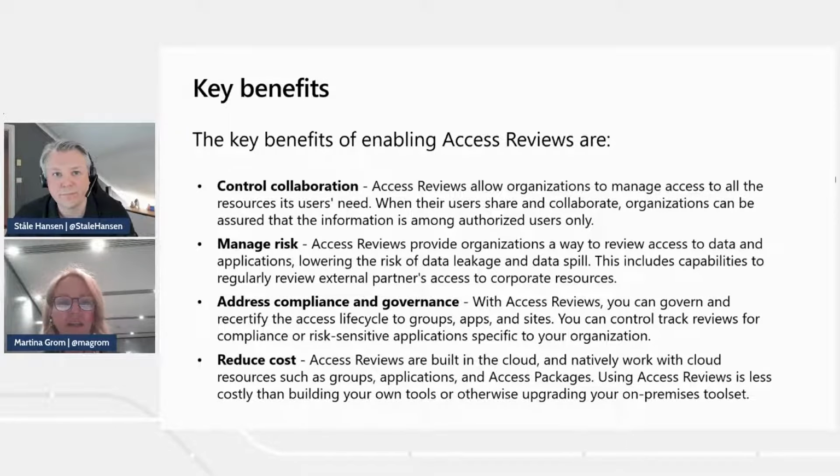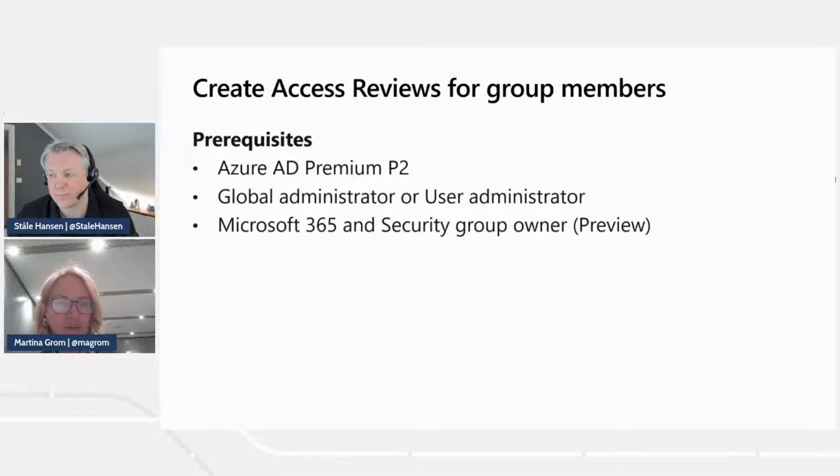So as a prerequisite, from a licensing perspective, we need Azure Active Directory Premium P2 or any other license where it is already included. And a global administrator or user administrator can set up the rules and policies around access reviews. That means he sets up the rule set, but the owners of the teams can do that by themselves.